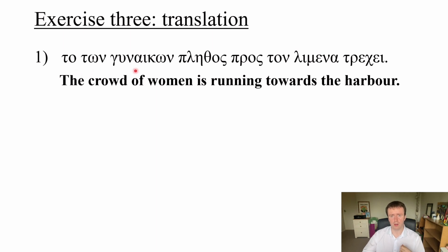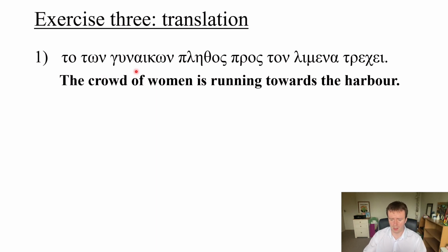We know that gynaikon is the genitive plural form of gyne, meaning woman, and ton is also the genitive plural definite article. So because of that, we know that this has to be genitive plural and must therefore mean of the women. So literally it's the crowd of the women, but we could just say the crowd of women in English, because it sounds quite unnatural, I think, to say the crowd of the women. We will just say the crowd of women in English.